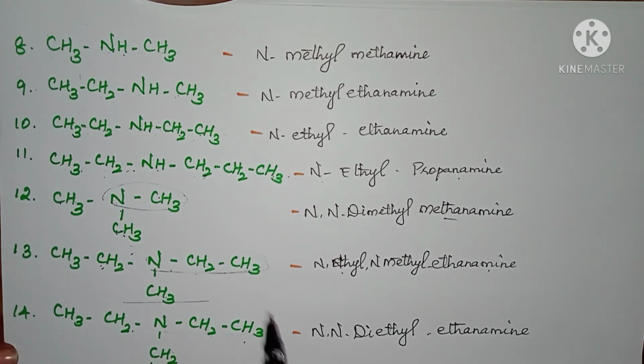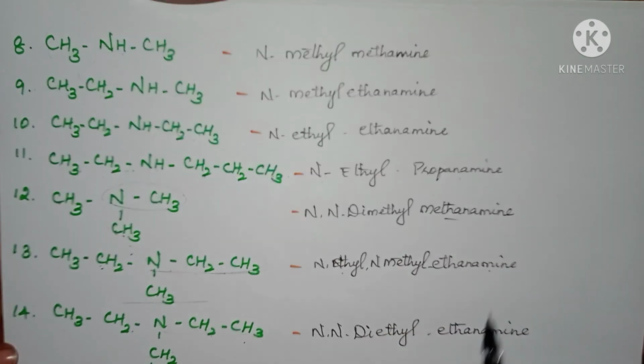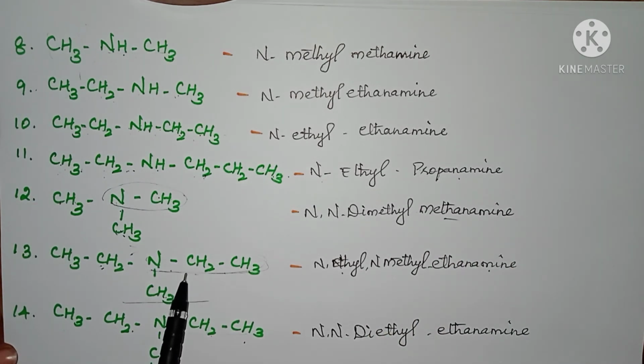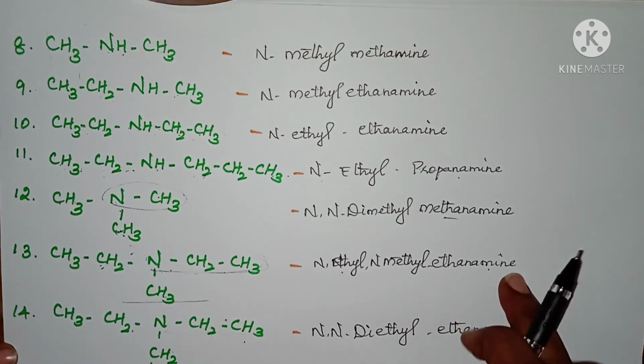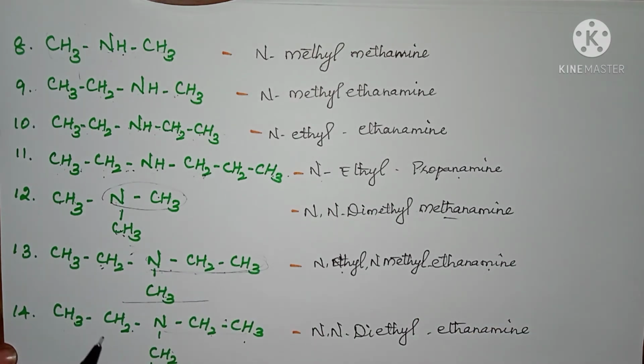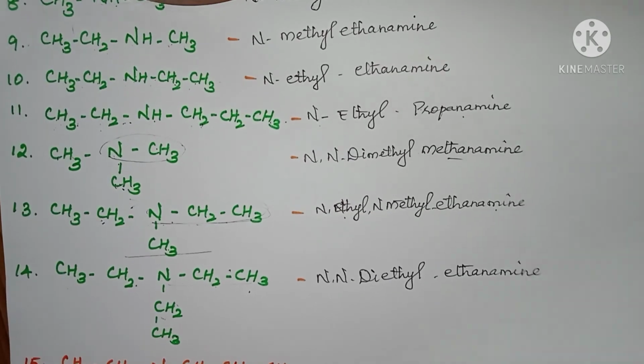Got it? Now I hope you got a clear idea. First you take ethanamine or methanamine or propanamine, whatever it is. Bring it as one part, and let it be the last. Then the other parts, whichever are relevant, you bring accordingly.